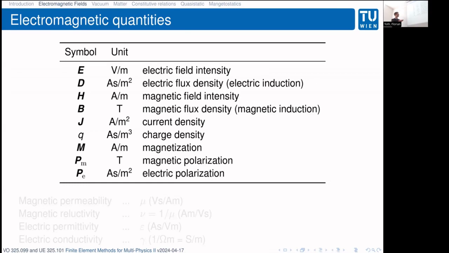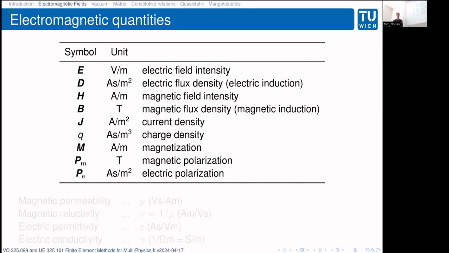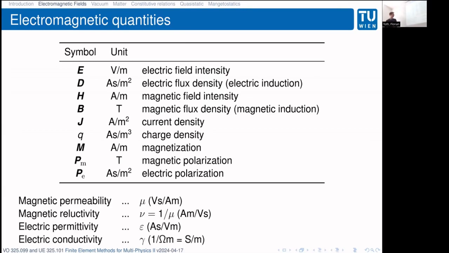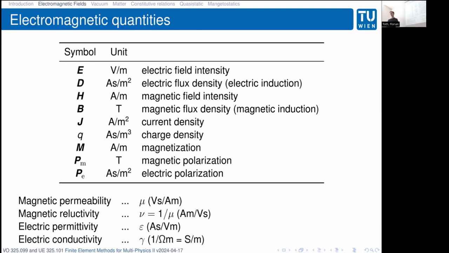We can have magnetizations or polarizations. The polarizations, because they are very similar, can be magnetic or electric. And we have the corresponding material properties, they are given here, but the details will follow in later slides.